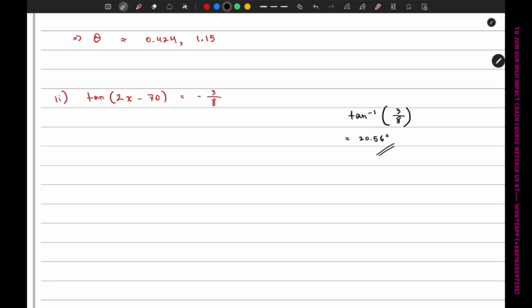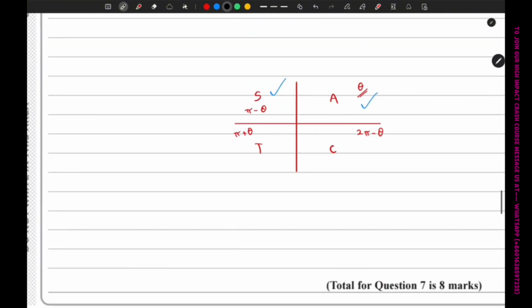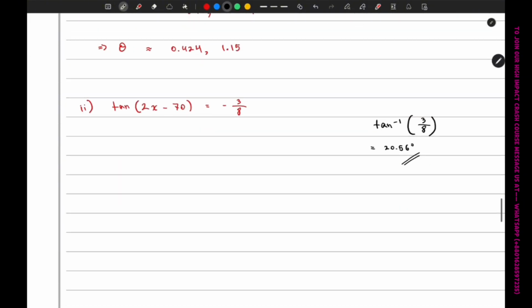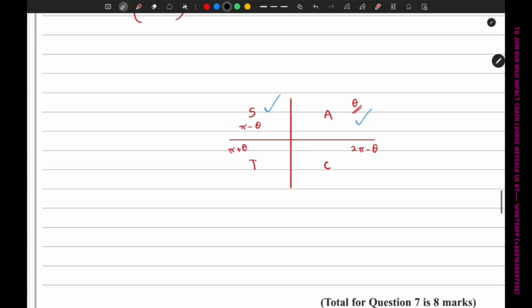Keep in mind that this is not our solution. We will determine our solution from the CAST diagram. So in the CAST diagram, in this part, the value of tan is negative, which means that it will lie in these two quadrants, this one and this one. Our solution lies in these two quadrants.